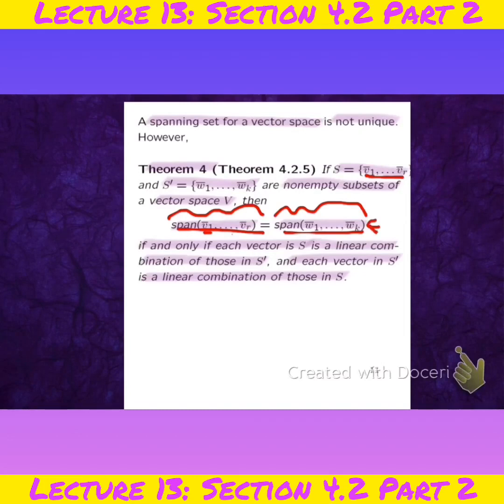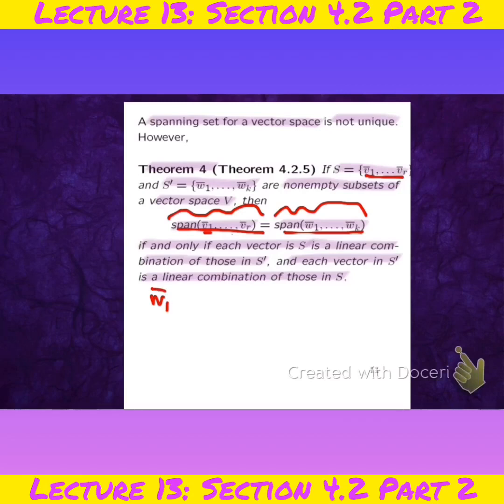For V1 to be in that set, V1 must be a linear combination of the vectors in S'. So therefore, every vector in S is a linear combination of the vectors in S', and vice versa. Let's take the vector W1.